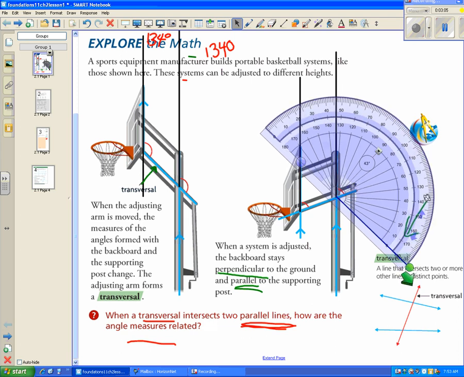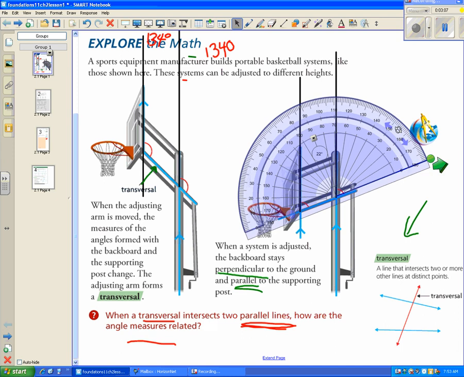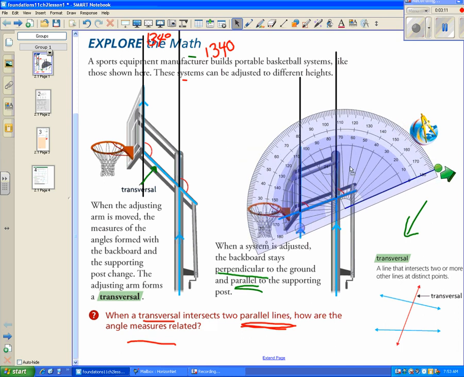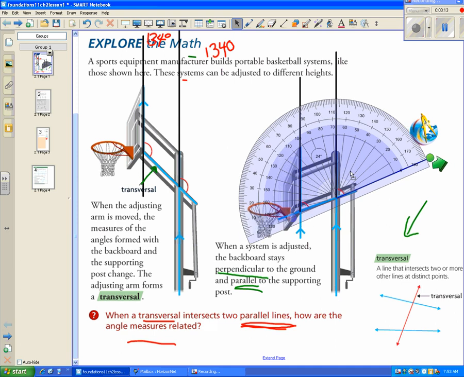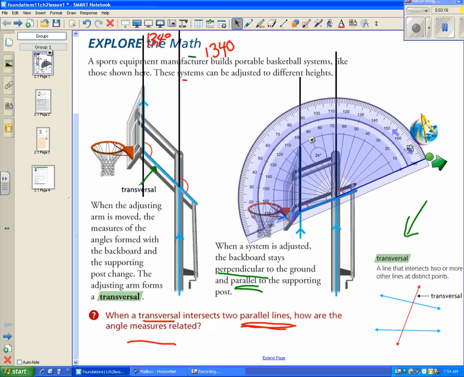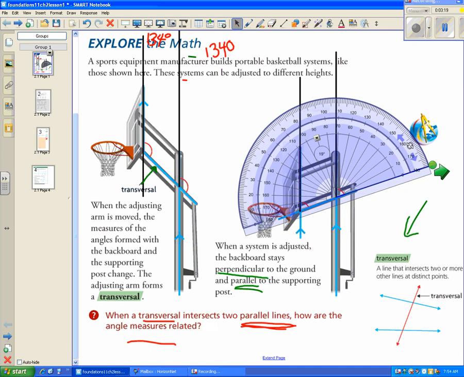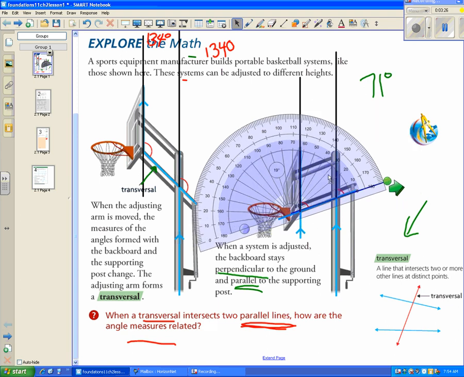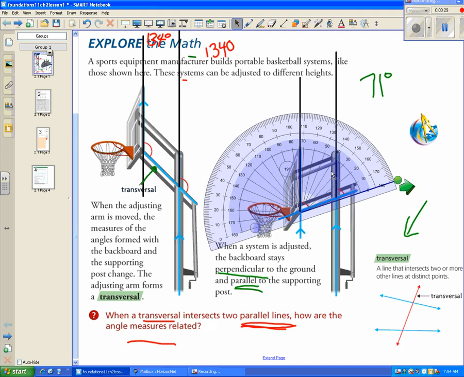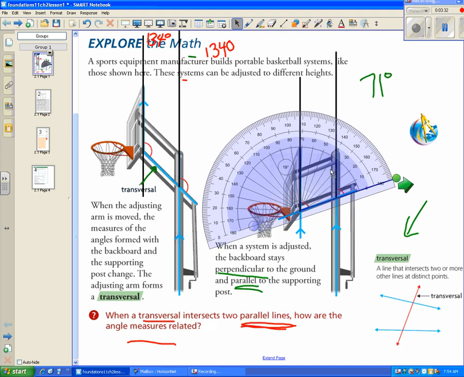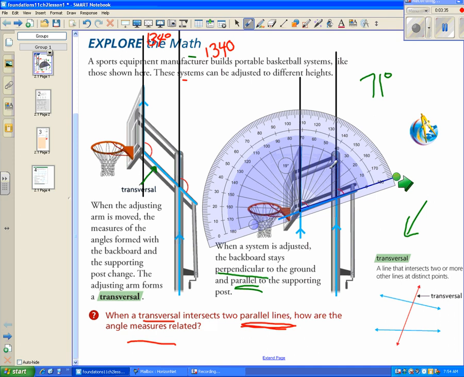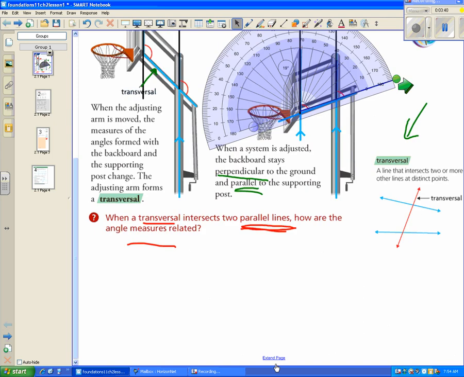We're going to rotate and adjust so it's in the right spot. Again, this is probably much easier for you guys. This is 71 degrees, and my other angle formed is also 71 degrees. So the question: when a transversal intersects two parallel lines, how do the angle measures relate?